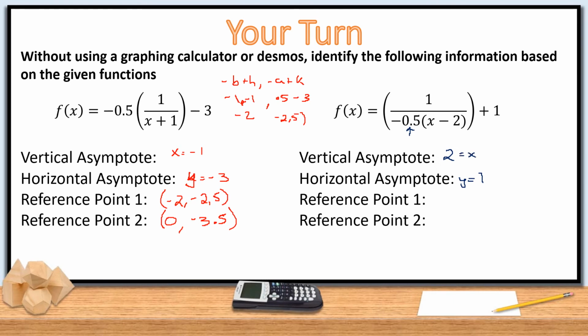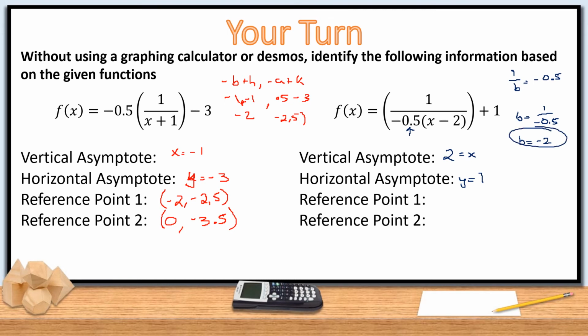Reference point minus b, and b is 0.5. Actually, that's 1 over b. So 1 over b is equal to negative 0.5. We want to solve for b. So b is equal to 1 divided by negative 0.5. So 1 divided by half is 2. So b is minus 2.